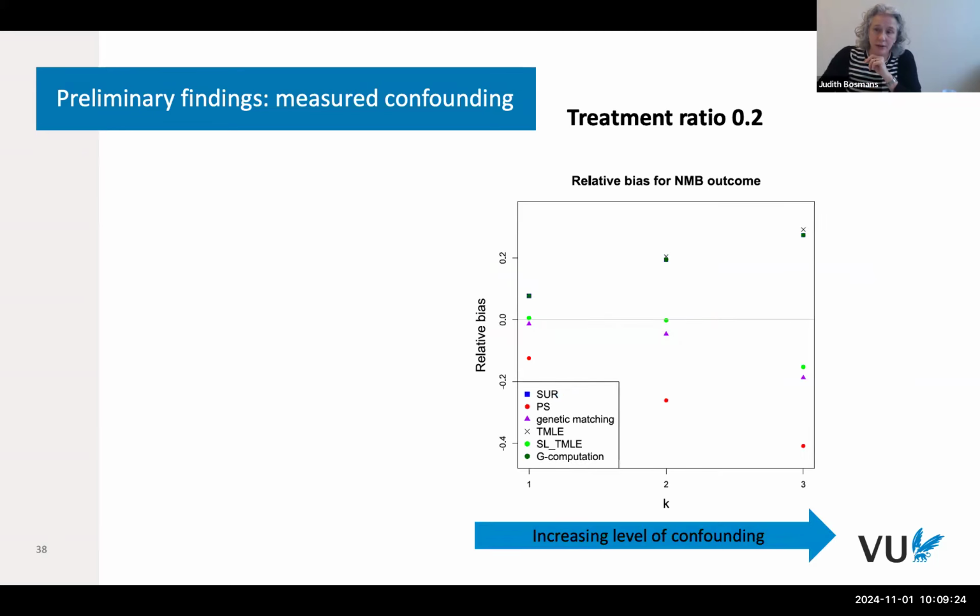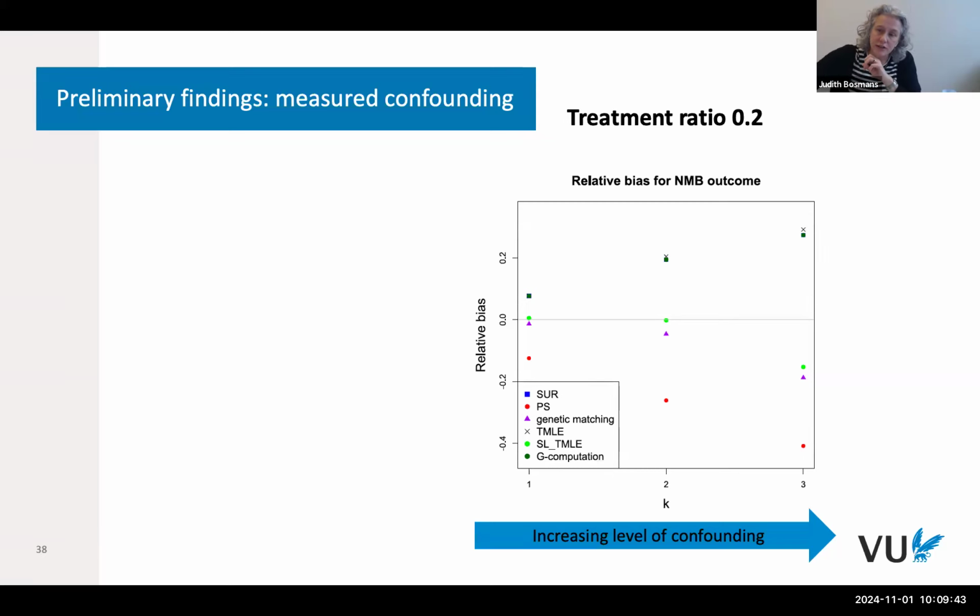So we compared five new methods. So the seemingly unrelated regression, the SUR, the blue squares, that's the traditional method that we use. And we compared this traditional method to five other methods.